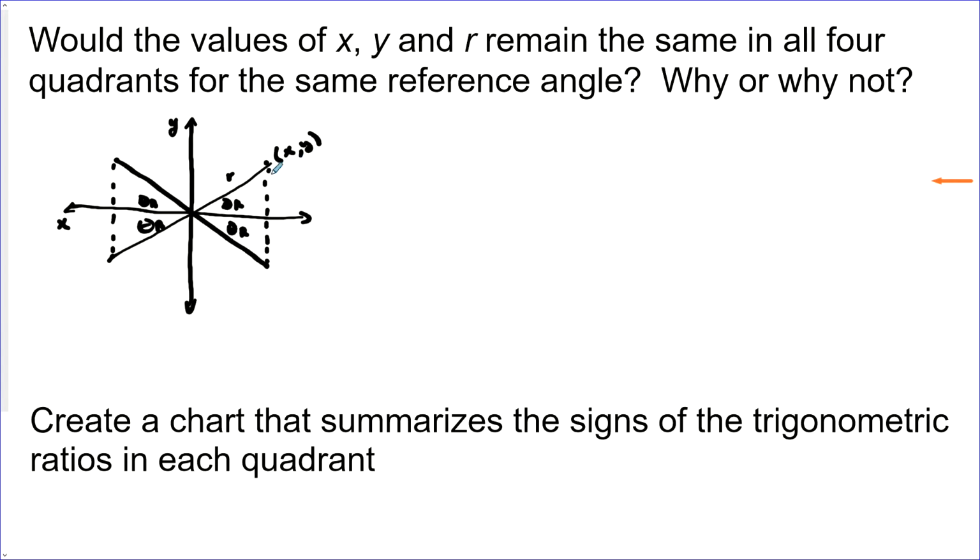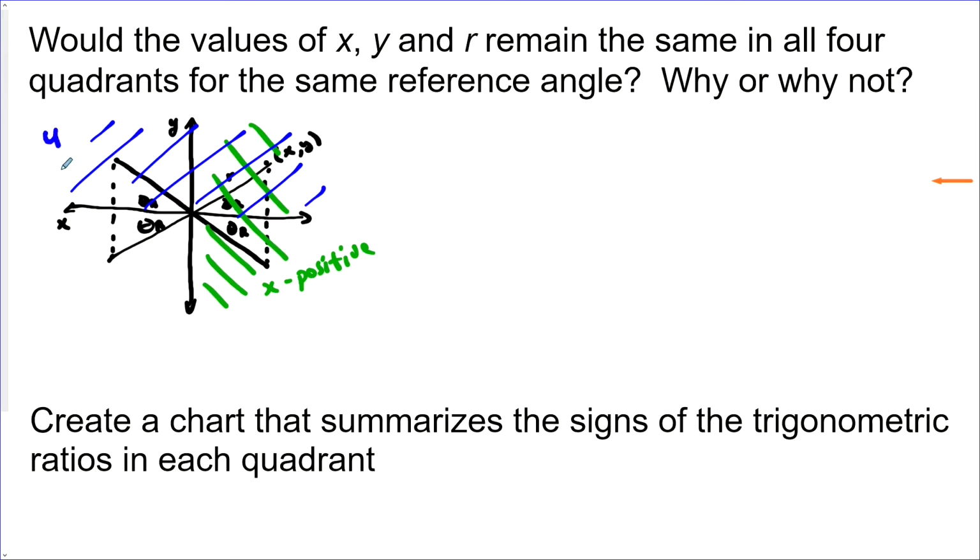X is going to be positive here in quadrant 1 and 4. Let's see if we can color that in. And y would be positive in quadrants 1 and 2, because that's where the y values are positive, and these quadrants are where the x values are positive.